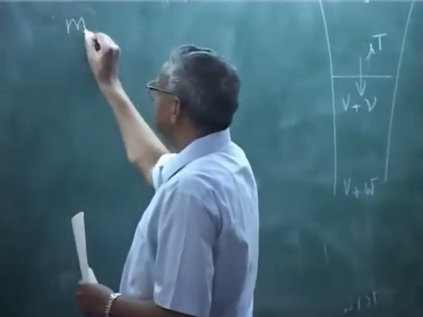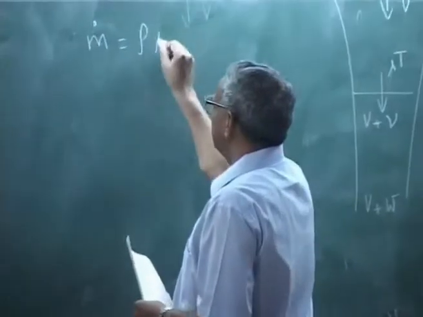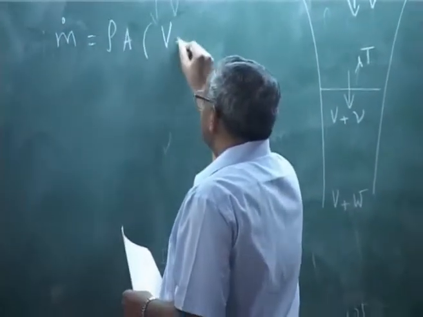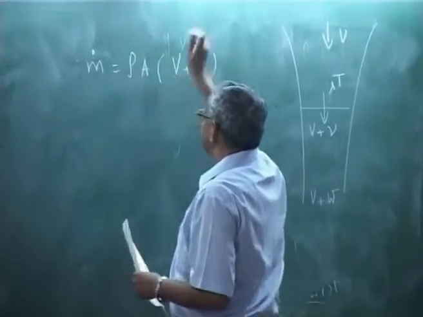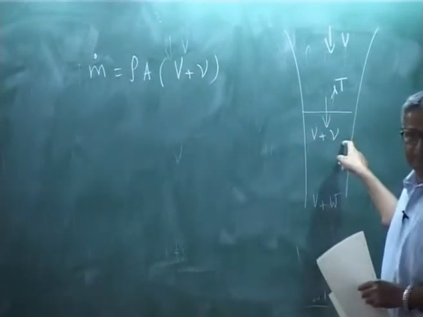So, m dot, the mass flow rate, is rho A times V plus nu.